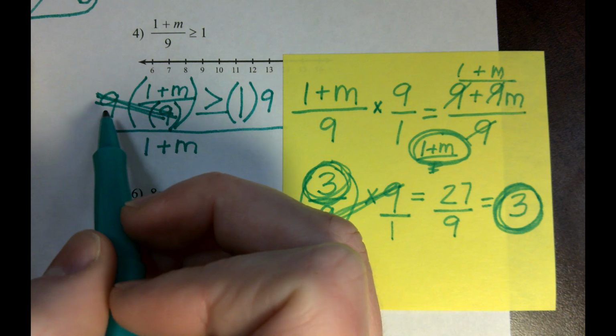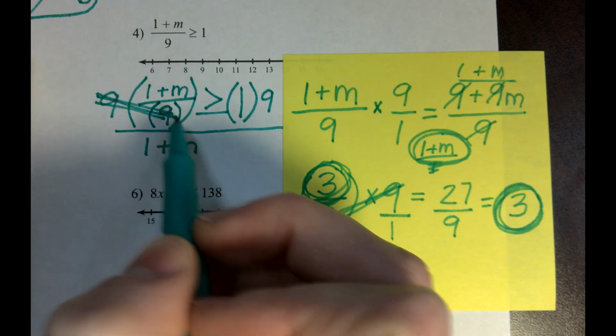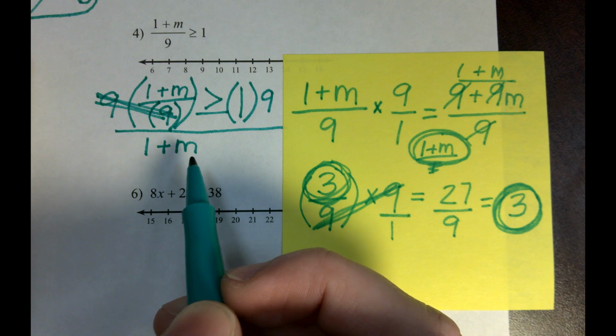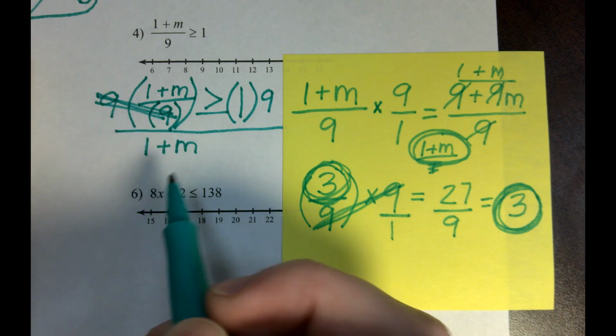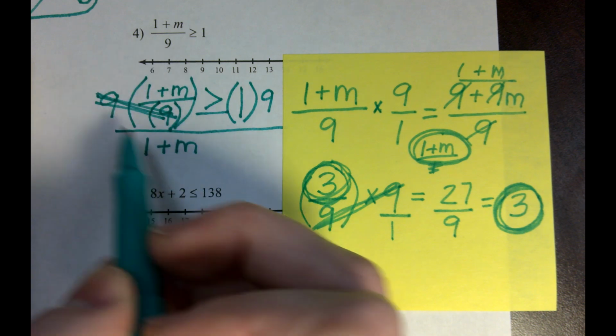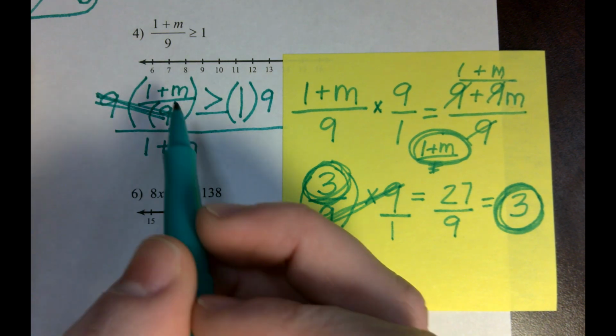Because if we're only multiplying 9 times 9 on the bottom here, then we would really have 1 plus m over 8 or over 81. Because 9 times 9 is 81. We are multiplying it by the whole thing.